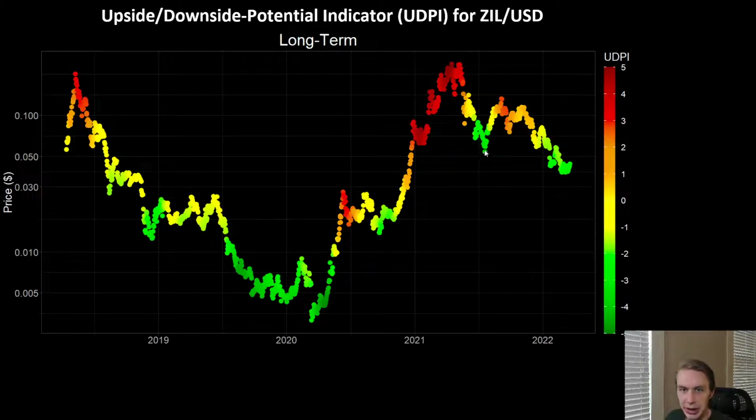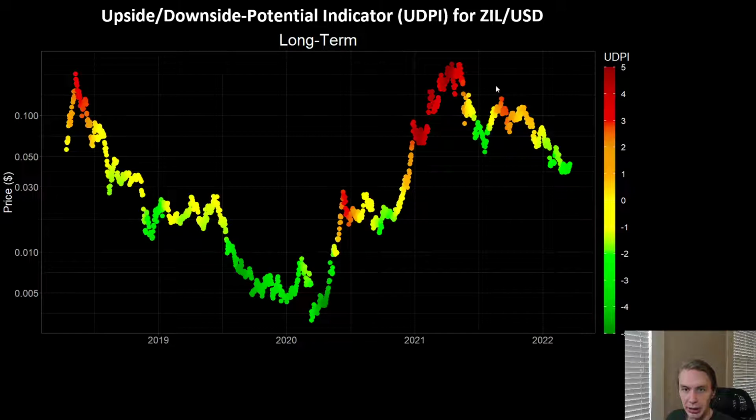And one of the things that's interesting about the UDPI through this point, I should note I'm showing the long-term UDPI that cares about moves that play out over kind of months to years, so more of a broader, more macro type of risk. You'll see that it actually identified the fall as being a pretty high risk point for ZIL, being up around the level of 3 here, suggesting that this was probably a good time to be distributing ZIL, that ZIL was kind of unlikely to be able to keep on realizing upside potential from here and was likely to correct.